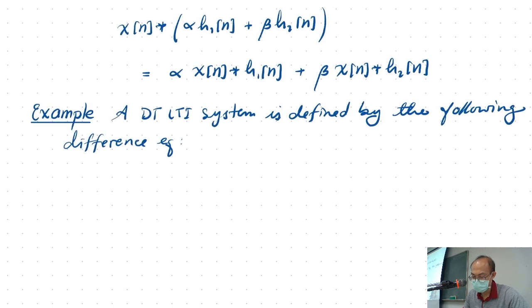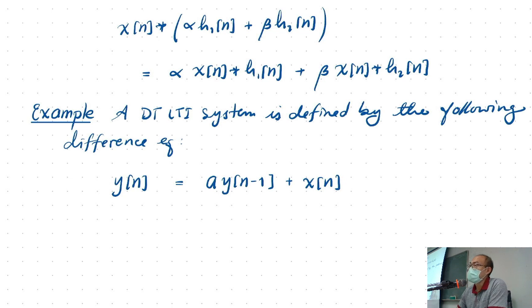The equation in focus is y[n] equal to a y[n minus 1] plus x[n], where x[n] is the input signal, y[n] is the output signal, and a is a constant. a is a constant, it doesn't depend on n.